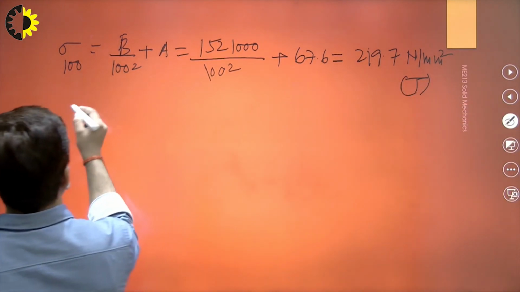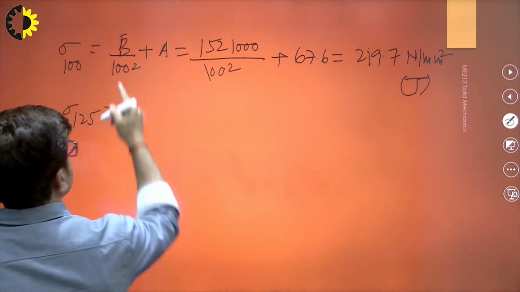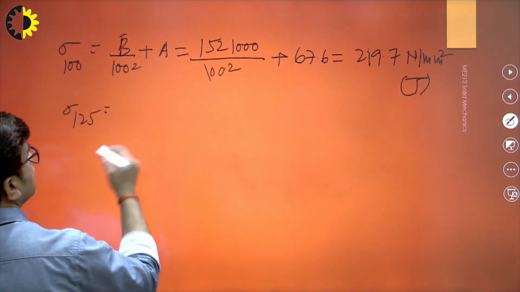Similarly, hoop stress at junction radius 125 is b upon 125 square plus a, and the value of b is 152100.